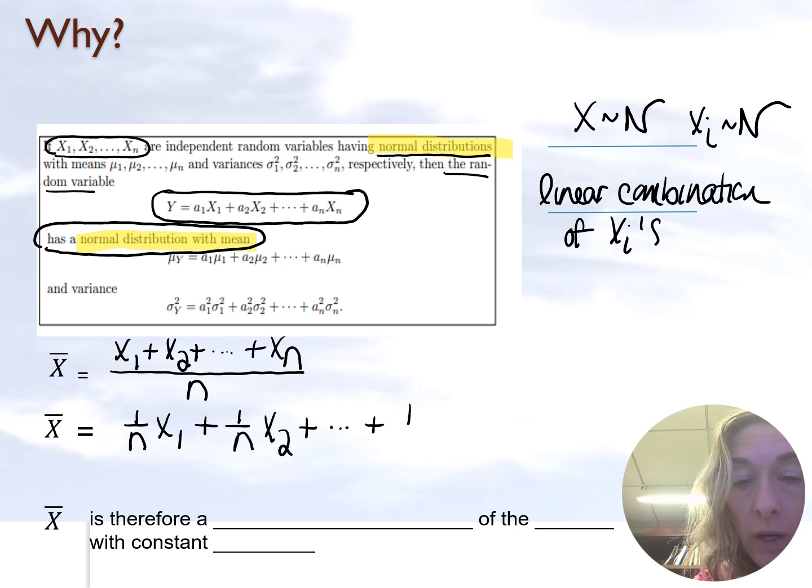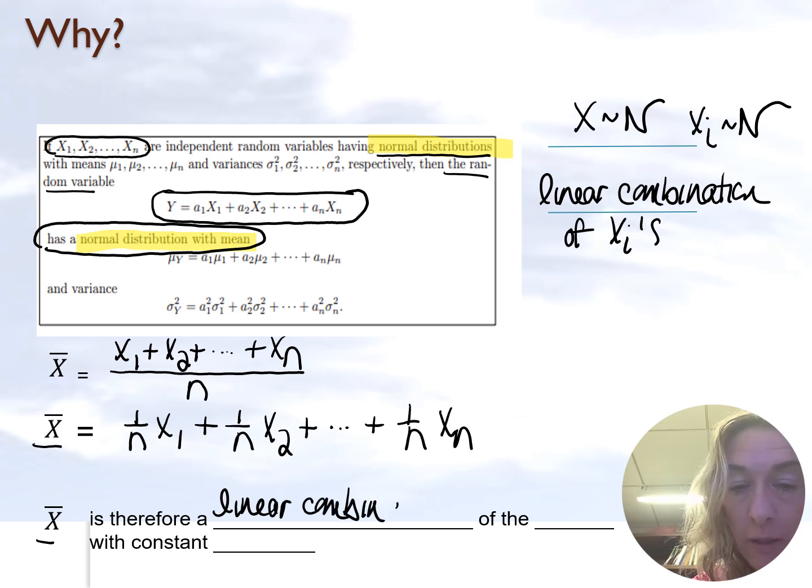As you will notice, what I'm writing is a linear combination of the x's, or the xi's, with constant 1 over n in front of each term. x bar is therefore a linear combination of the xi's with constant 1 over n as a coefficient of each term.